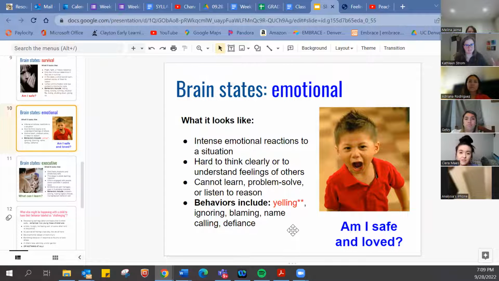That's my example. That was always a trigger for me, when a child was starting to have behaviors during nap time. That might not be a trigger for you, but do you think that sometimes the child's behaviors might be labeled as challenging when you're experiencing something like that? Possibly.